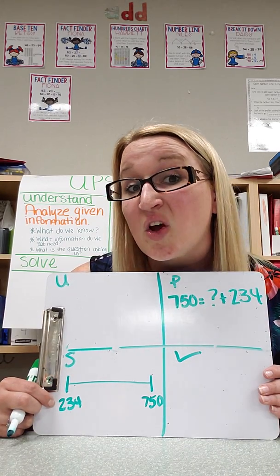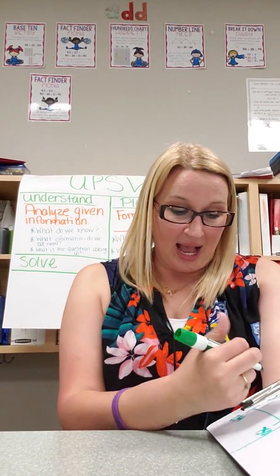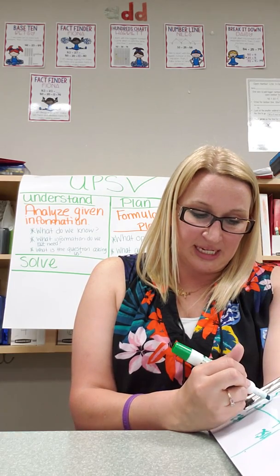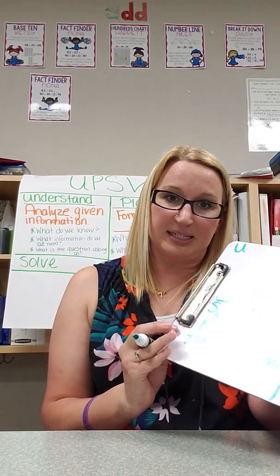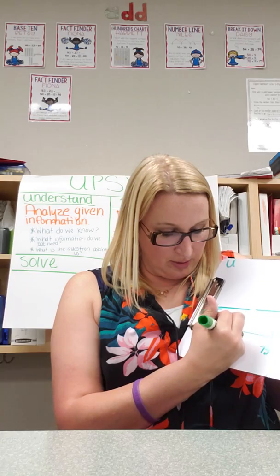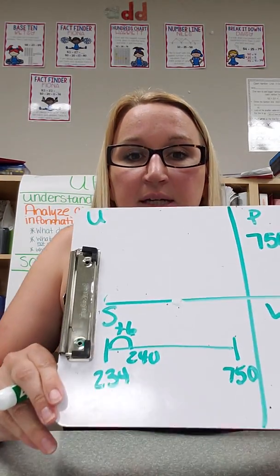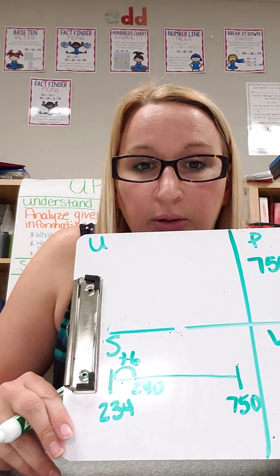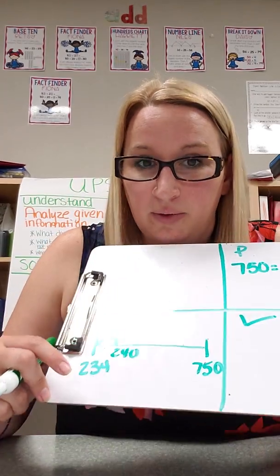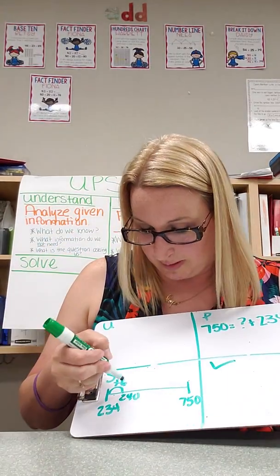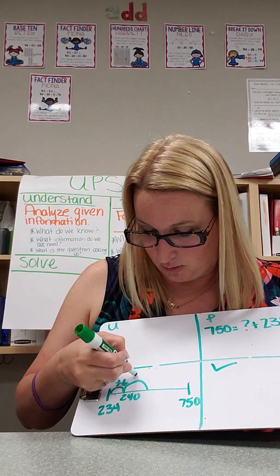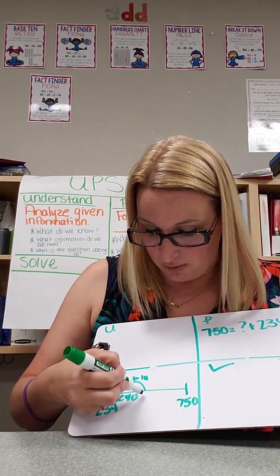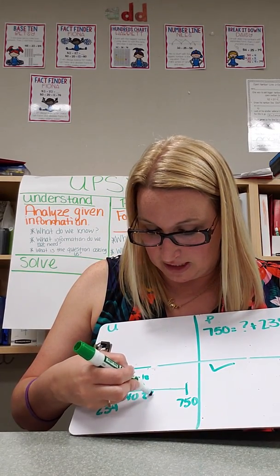The next 10 is 40. So I'm going to do a little teeny tiny jump, add 6 to that, and then I'm going to write 240 down here. Hey, well, I'm almost to that 50 mark, so I'm going to add 10 more, because that will get me to 250.